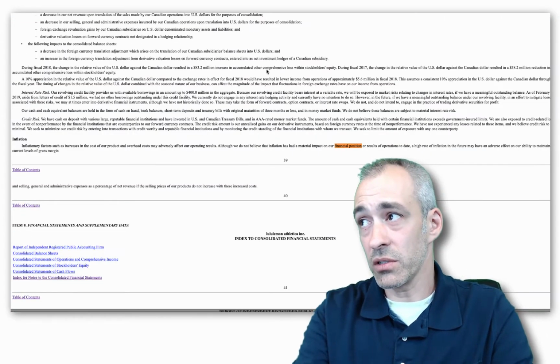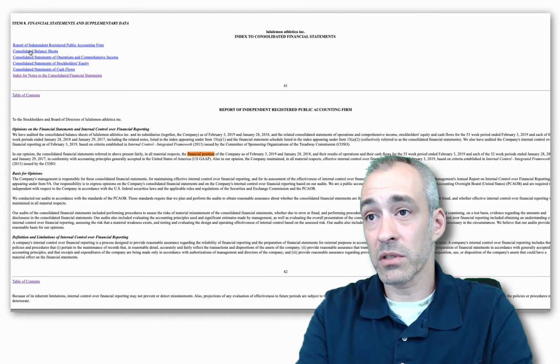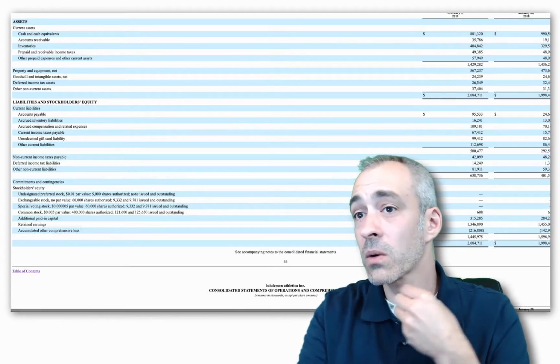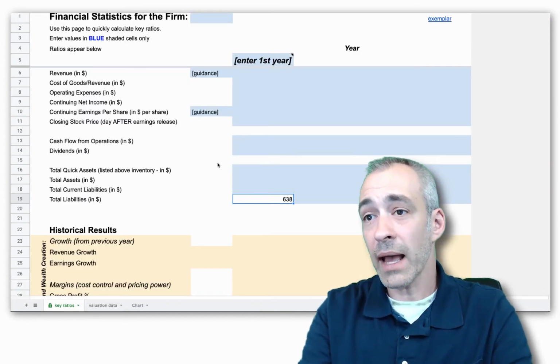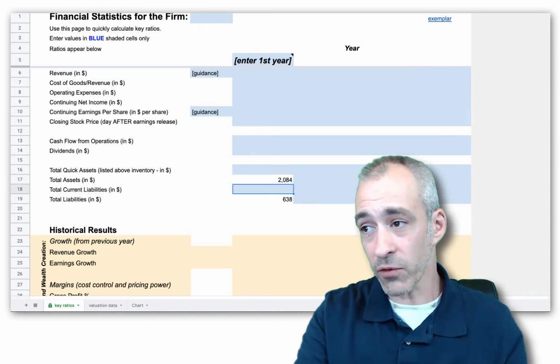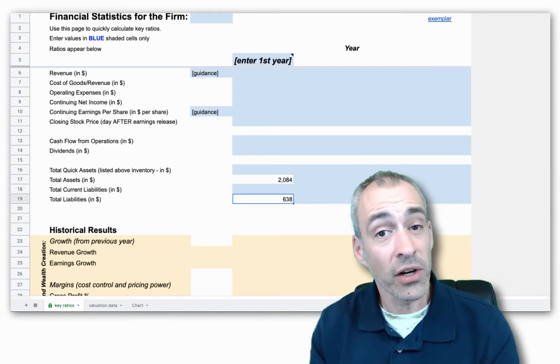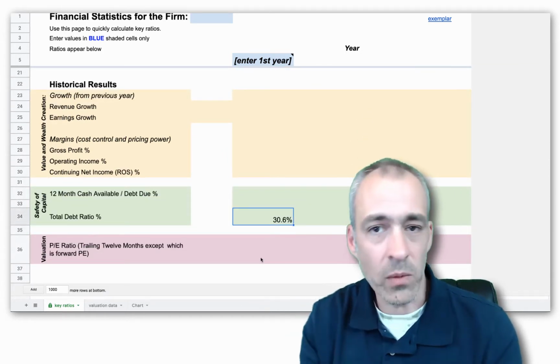Financial position. Consolidated balance sheet. The total assets were 2084. Okay, so total assets was $2,084 million. Total liabilities, $638 million. That gives us a debt ratio of about 31%.